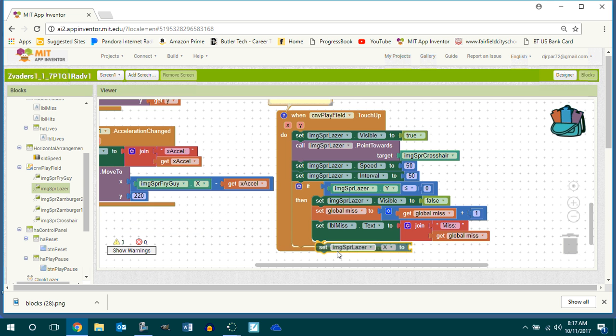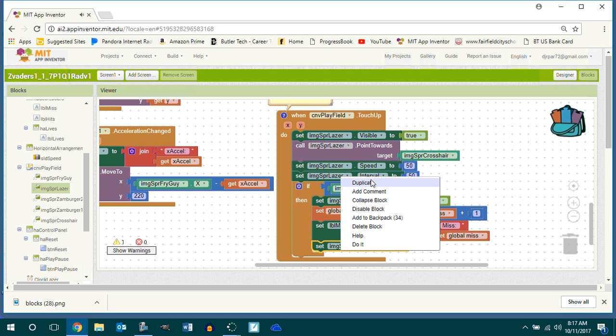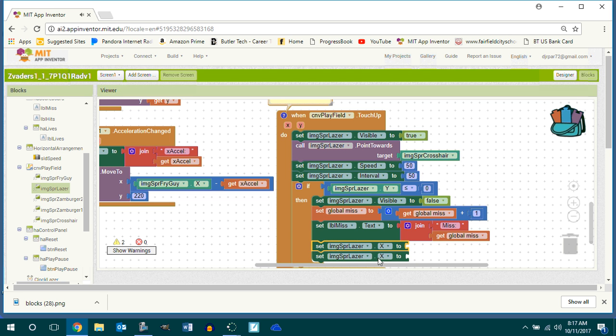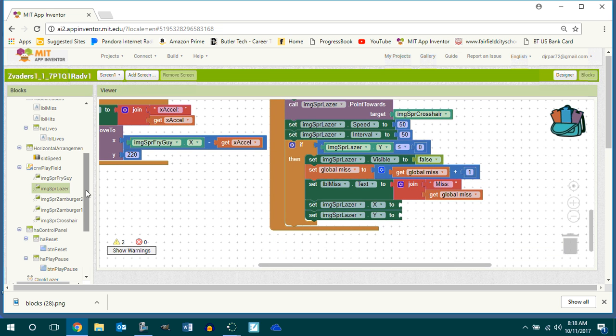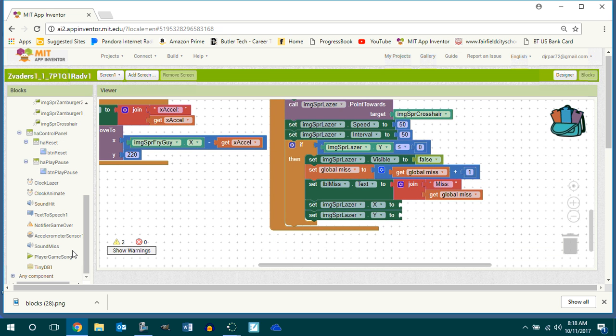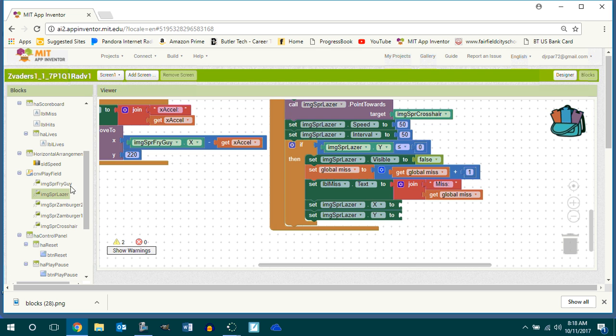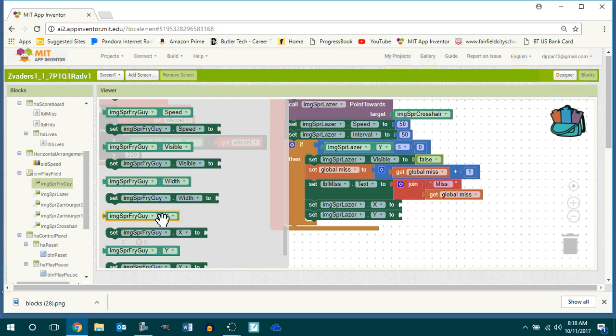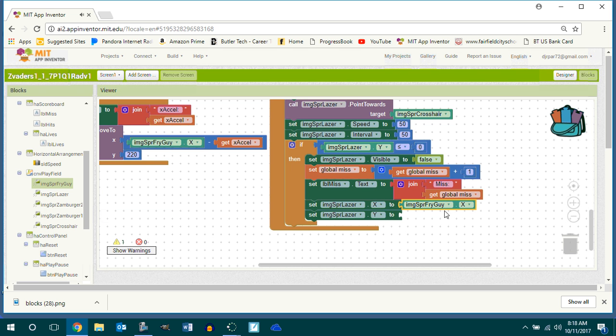I'm going to set its X and Y. I want to go back to the X and Y of where my fry guy is. So I want to go back to the fry guy and say, hey, okay, set its X, set its Y back to the fry guy. Okay. So let's see if this works.